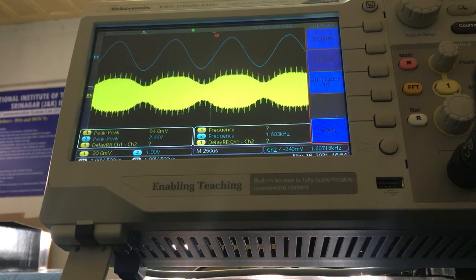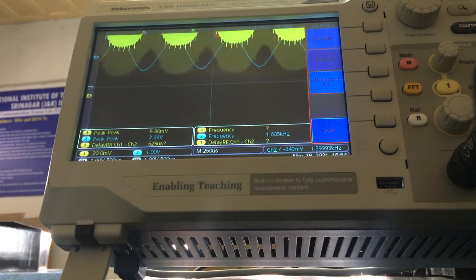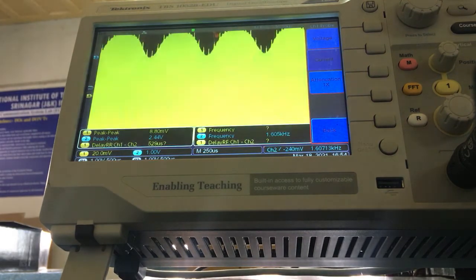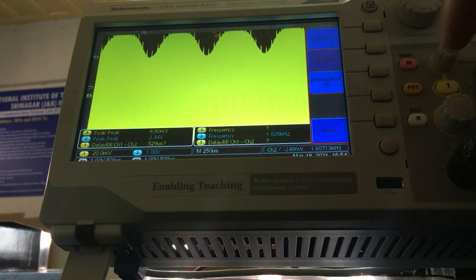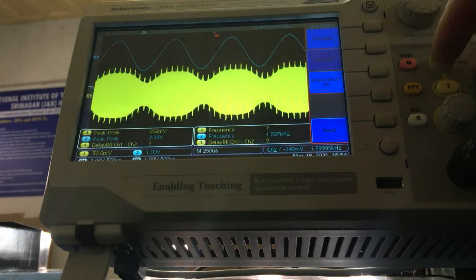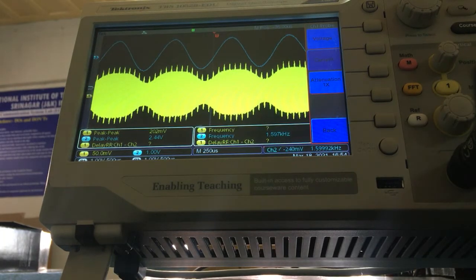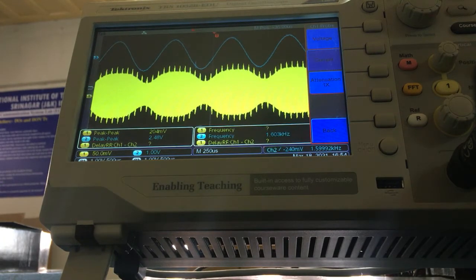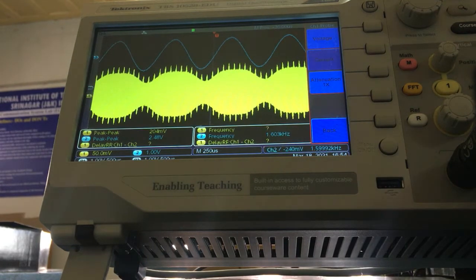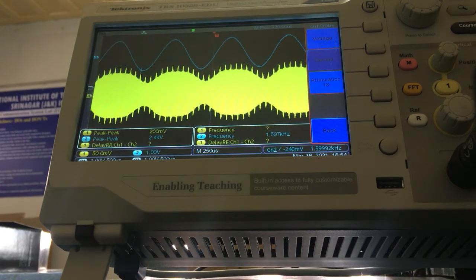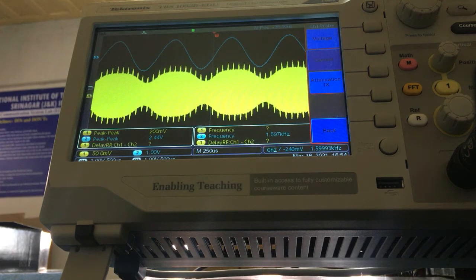Now the output of the second IF amplifier stage is here. You can see further amplification. Again you need to reduce the scope scale, and now the peak to peak is 0.2 volts, which has considerably increased. Now this output, as we know, goes to the diode detector.